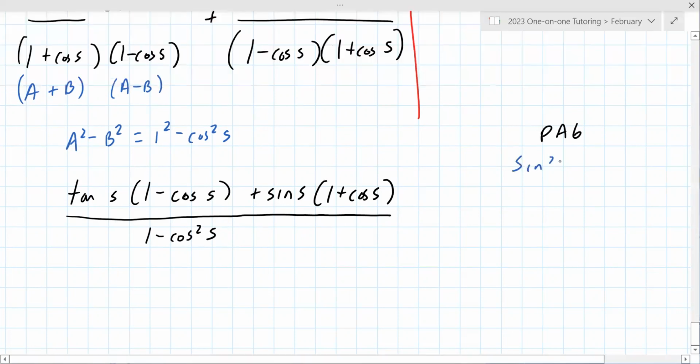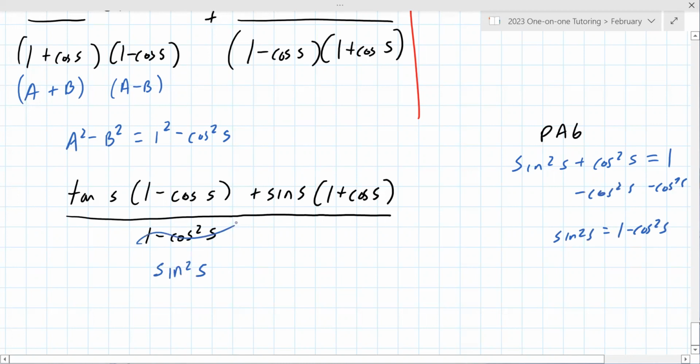Sine squared s plus cosine squared s is 1. So if you were to subtract cosine squared s from both sides, you'd get sine squared s equals 1 minus cosine squared s. So the bottom becomes sine squared s instead of that.